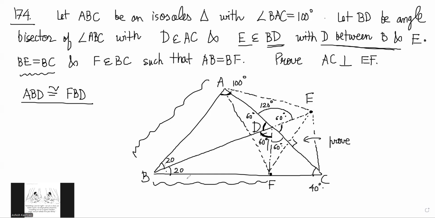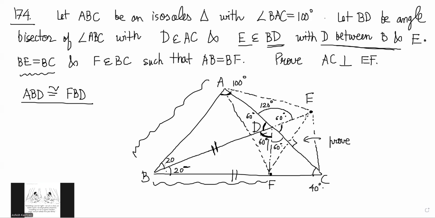Now if you look at triangle EBC, right? There we know 20 degrees here. Then 80, 80. These are isosceles triangles, by the way, because BE is equal to BC.